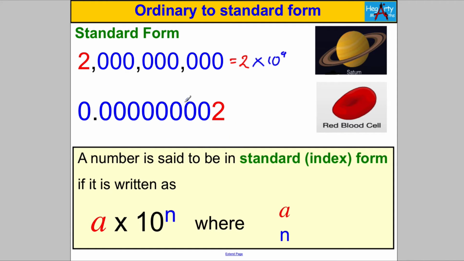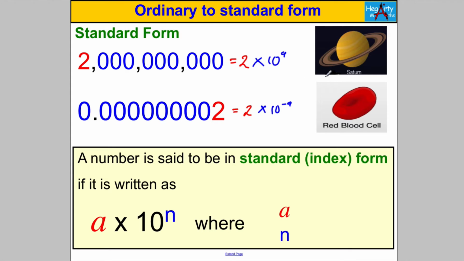Similarly, with small numbers, they would say, oh, I can't be bothered to write 2 billionths with 9 zeros in front of the 2. So let me write down the 2 by all means, but I know that a billionth, the way I can write that is 10 to the power of negative 9, and that is a much easier way for them to write it. Now, you may think that's not that easy.